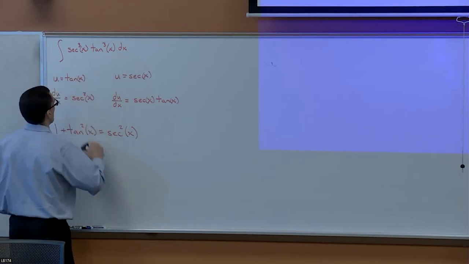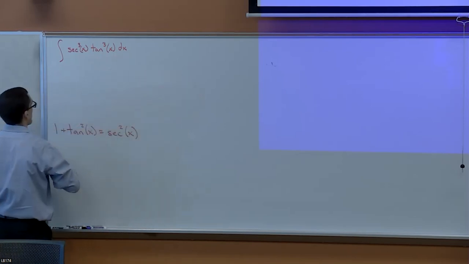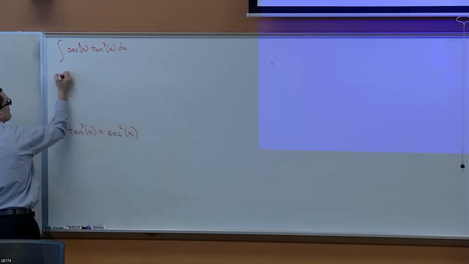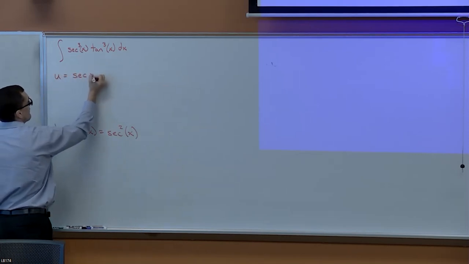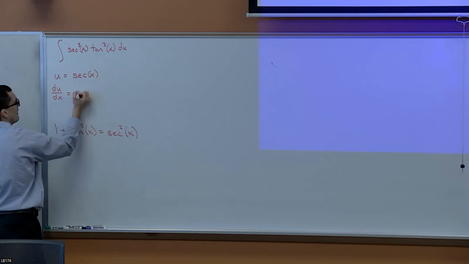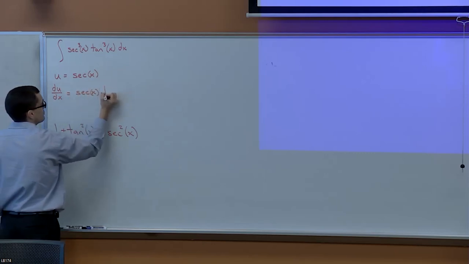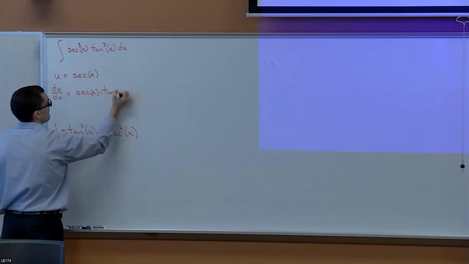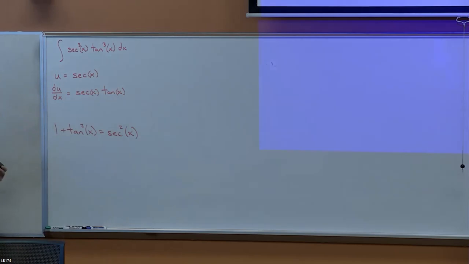So it turns out the one I want to do is I want to let my u be secant because I know I want to peel off a secant times a tangent along with my dx. That will leave me even powers with things.